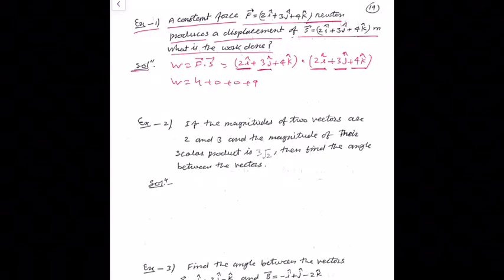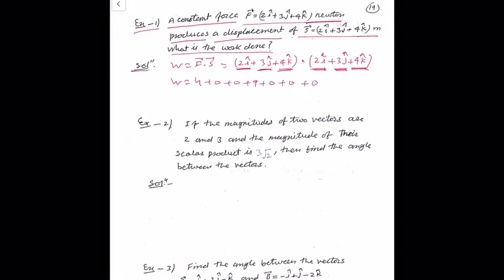Next 3j cap dot 4k cap 0 because j cap dot k cap 0 plus 4k cap dot 2i cap 0 because k cap dot i cap 0 plus 4k cap dot 3j cap 0 because k cap dot j cap 0.